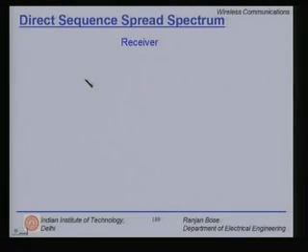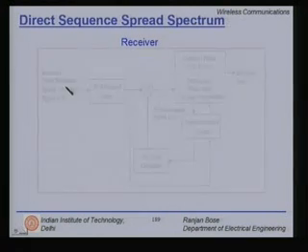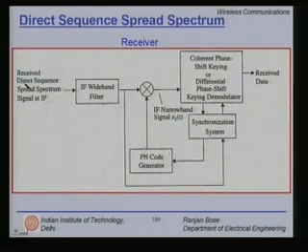Now, let us move over to the receiver end. The received direct sequence spread spectrum signal at IF is first fed into the IF wide band filter. Please note that the signal received is a wide band signal even at the IF. Here again we have a synchronization system which gives feedback to the PN code generator.